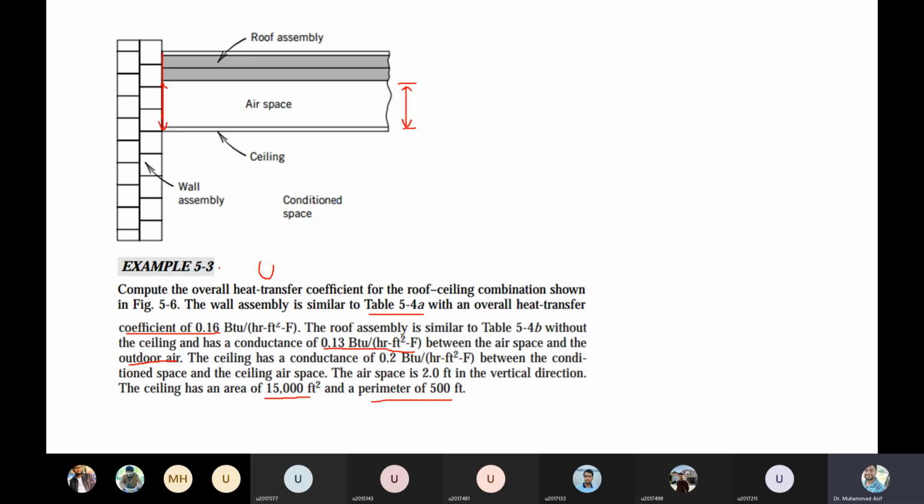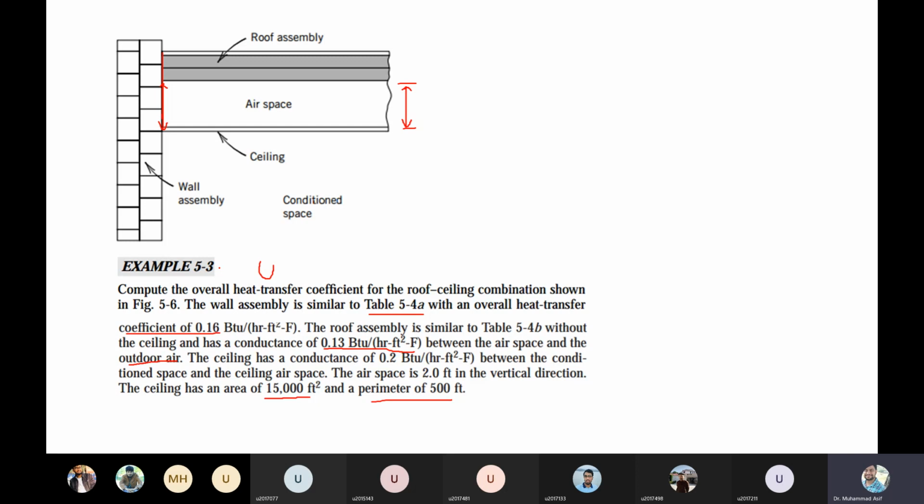Any idea how the resistance will be created for this case?